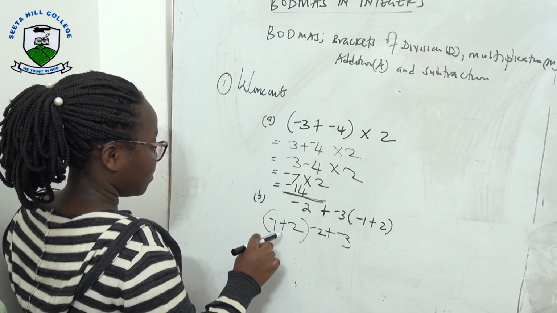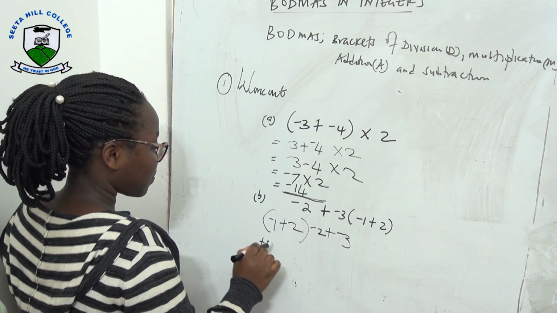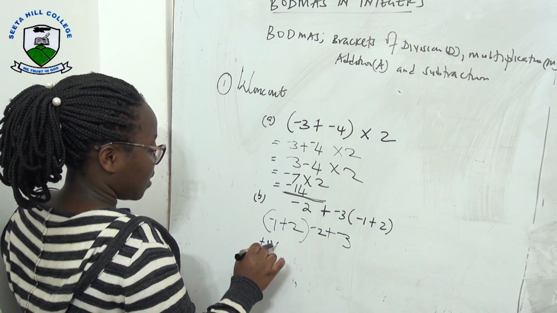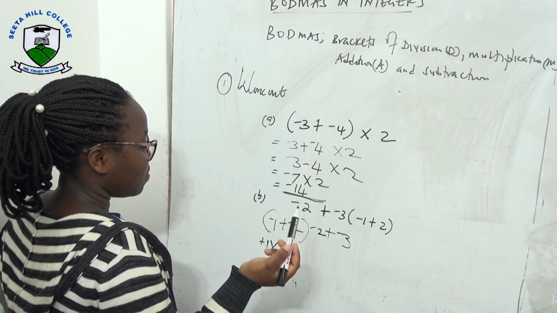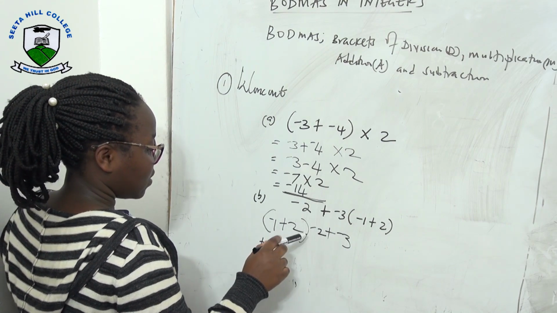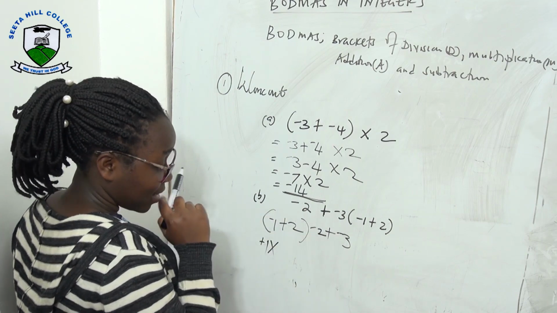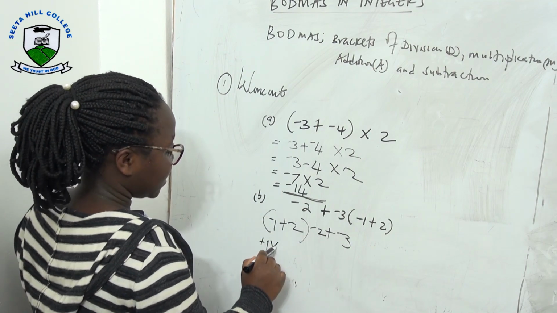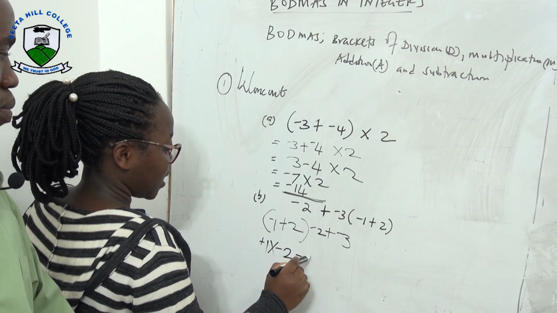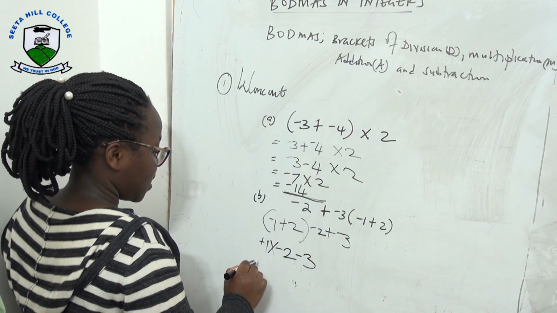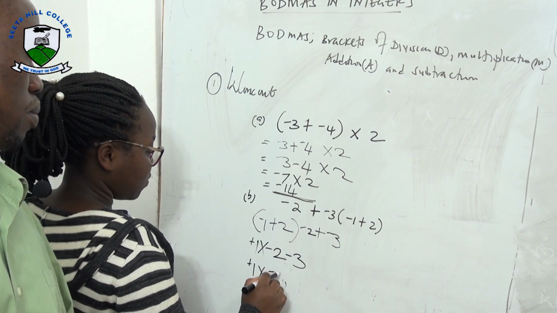So negative 1 plus 2 gives positive 1 times, because if something is in a bracket, it means multiplication.